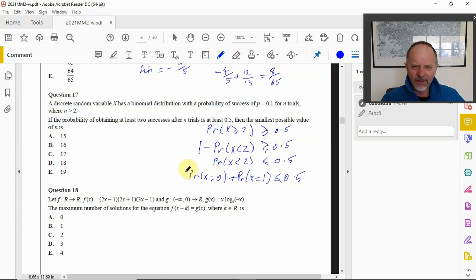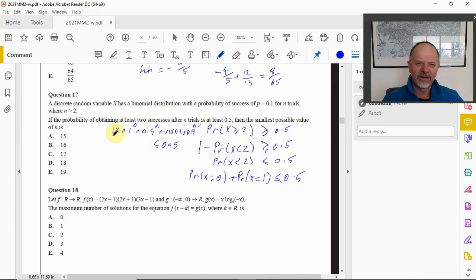So probability x is 0. There's only one way of obtaining none, and that's 0.1 to the 0, times 0.9 to the n, plus there's n ways of picking 1, and it's 0.1 to the 1 times 0.9 to the n minus 1. And we want that to be less than or equal to 0.5.